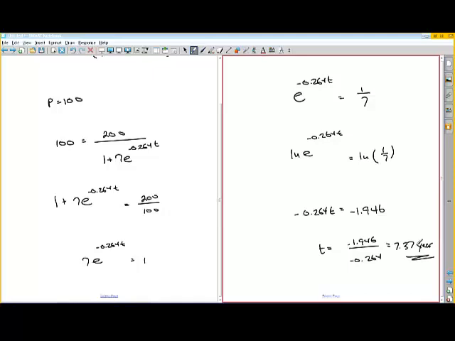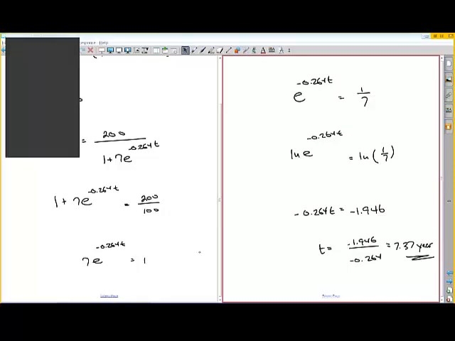Now, we probably could have done it analytically, but I'm going to go with that. It sounds like a good plan to me.